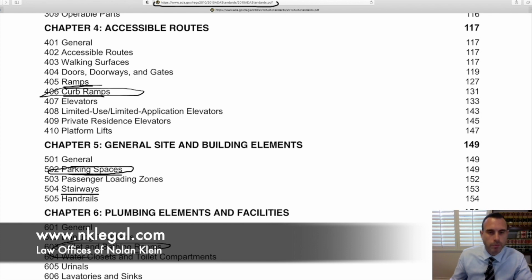Make sure that you are compliant with the ADA and with all of these specific architectural requirements to the extent that it's readily achievable to do that if you existed before these regulations came into being. And if you came into existence after these regulations came into being, it should have been done in a way that complies with these requirements unless one of the very limited exceptions applies.